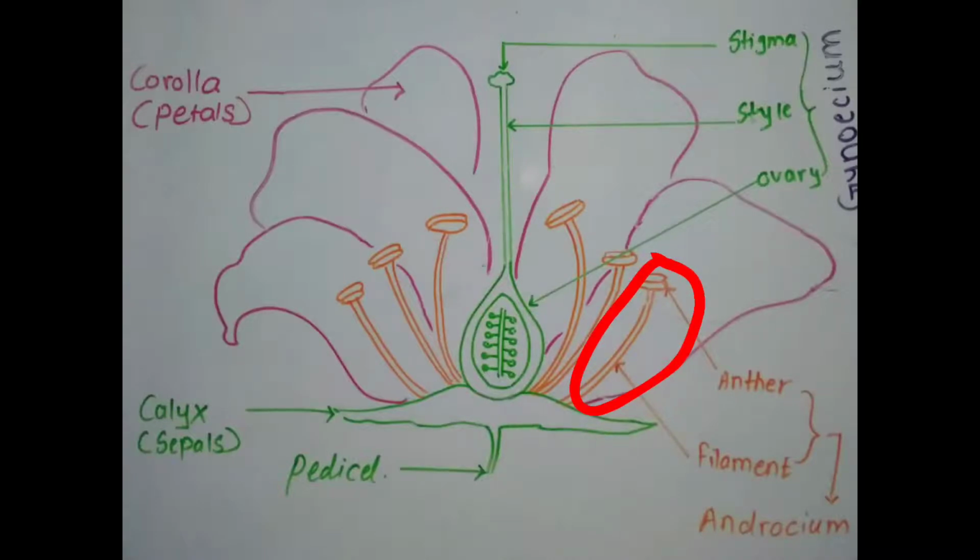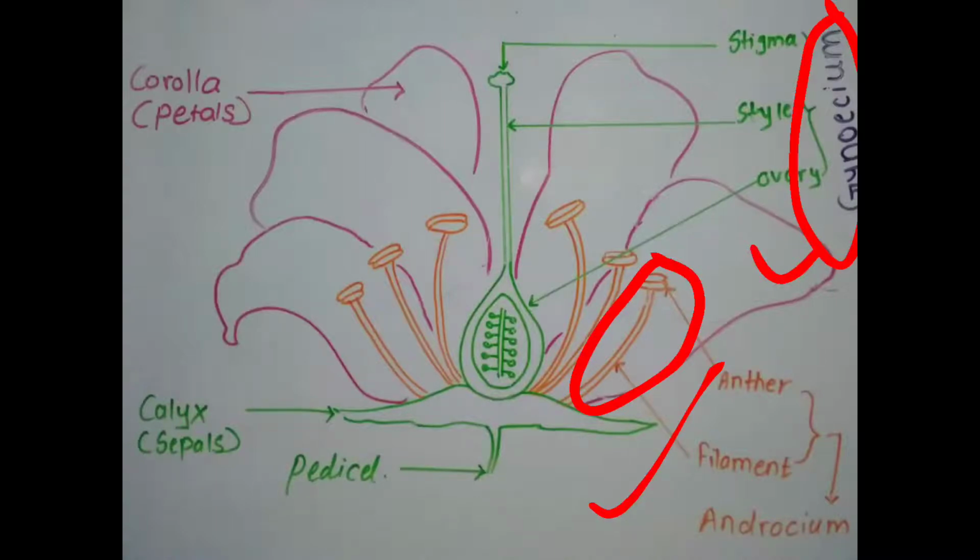It is also called stamen, right? This is gynoecium. Gynoecium means the female sexual reproductive part in the flower, which is also called carpel. So stamen and carpel are the important parts of the flower which actually are involved in reproduction.